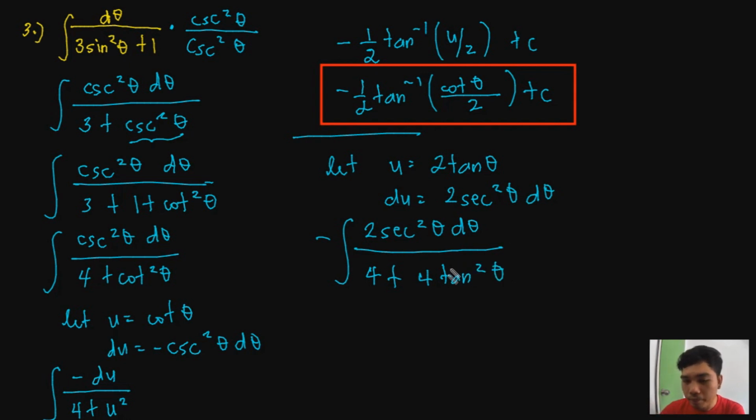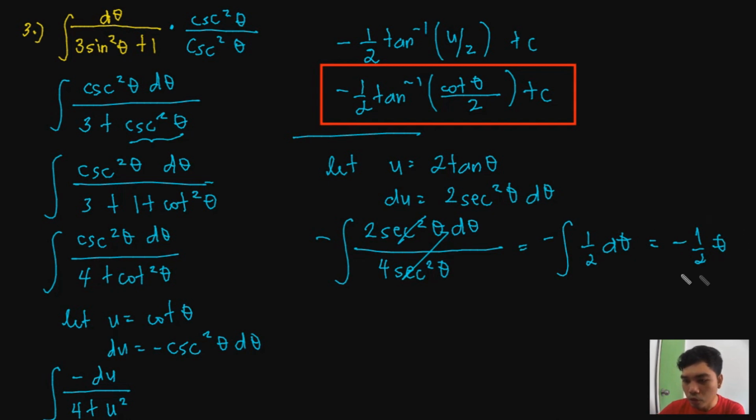And then if we factor out the 4, we'll be left with 1 plus tangent squared theta, which makes sense that this expression at the denominator becomes 4 secant squared theta, okay, by the identity. We can cancel this out, and then we'll be left with the negative 1/2 d theta, which gives us the antiderivative that is equal to negative 1/2 theta.